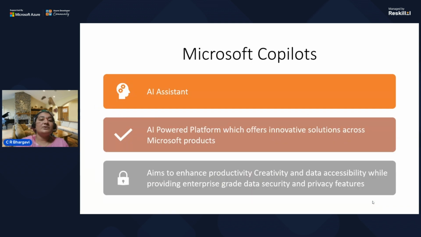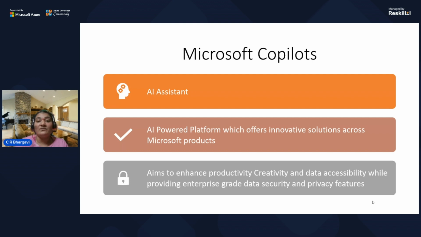Okay, so let's start from scratch with what Microsoft Copilot means. As the word Copilot states, it's like a pilot sitting next to the pilot, and they would be helping out, right?